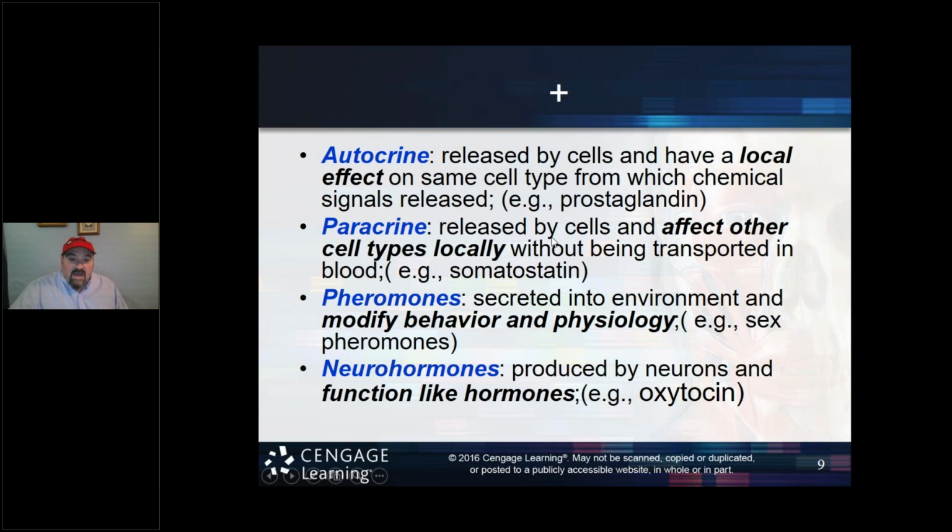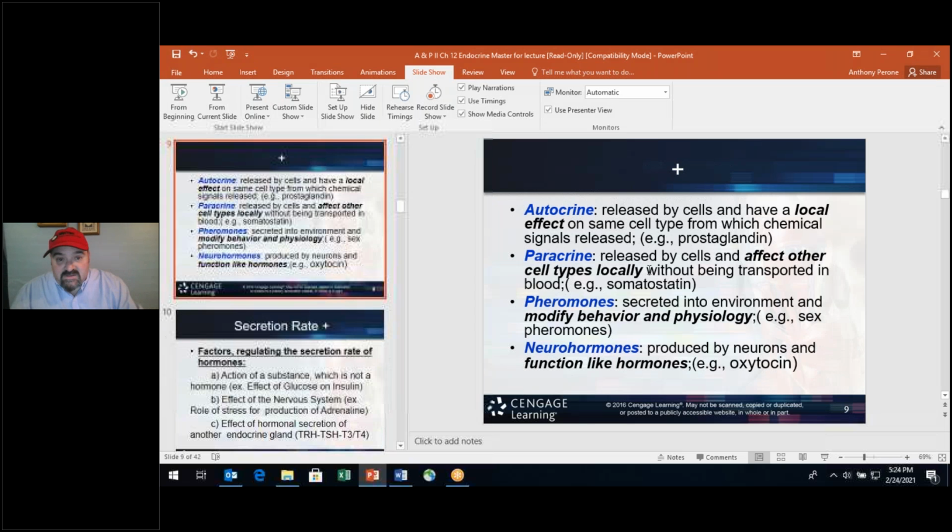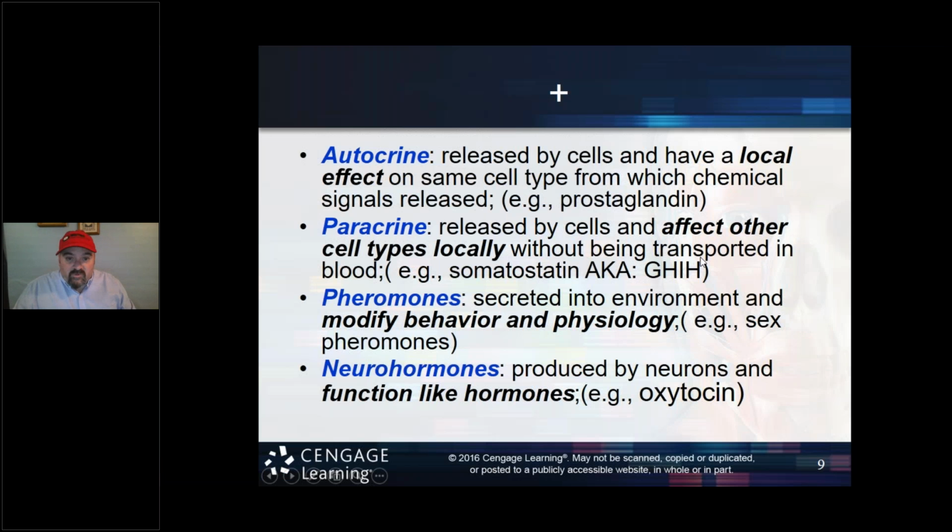Paracrine, we're talking about something like somatostatin. So this is a growth hormone inhibiting hormone, AKA also known as, let me put that down there. Growth hormone inhibiting hormone.